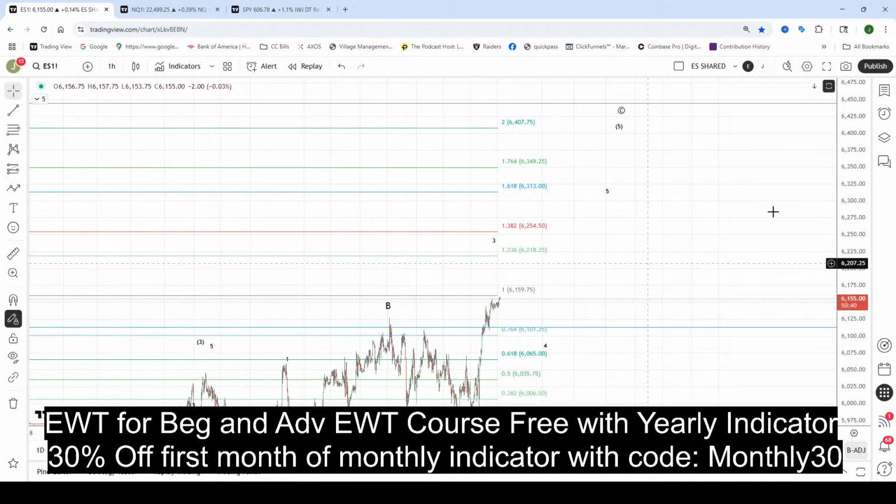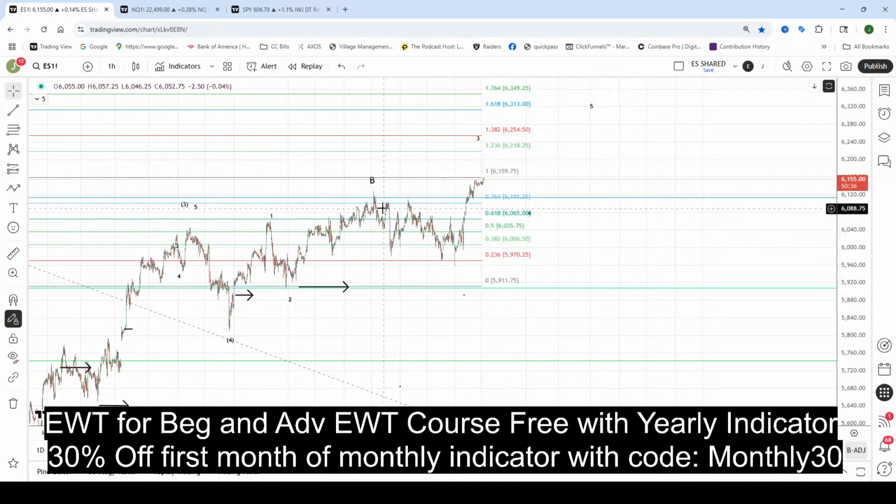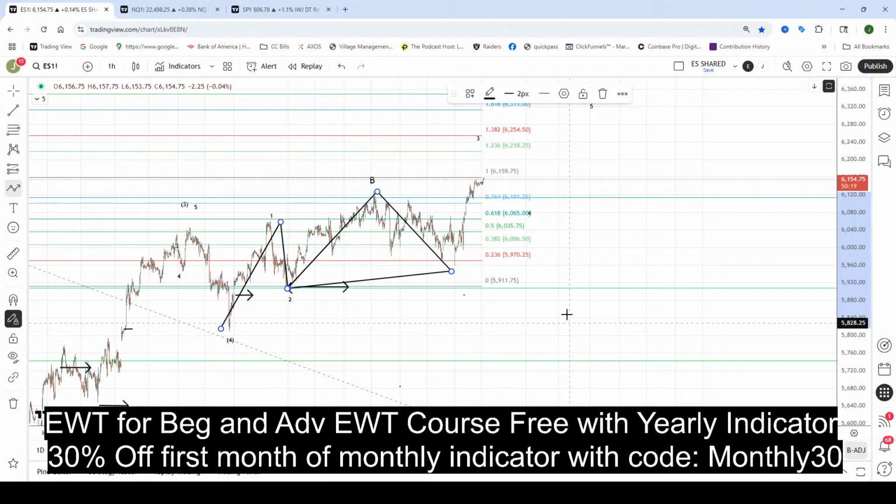As far as counts go, not just yesterday, since we established this B wave high and then this 1-2 setup here, not this B wave high, this could be a B wave high, but it's unlikely. Since we established this 1-2 setup and then another 1-2, since we established this low right here, I've basically said as long as we're above this low, we are going to take the direct path to all-time highs.